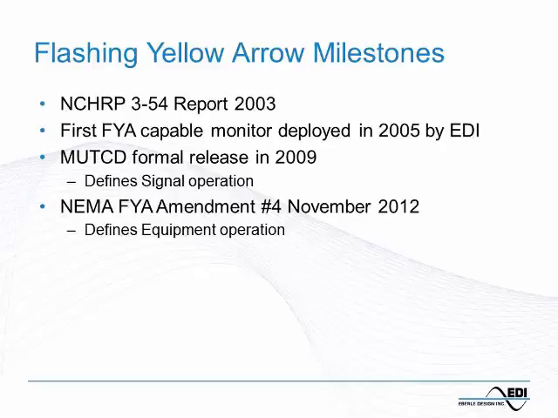Now, I mentioned that this is a great tool for the traffic engineer. For the signal cabinet maintenance technician, it's pretty much of a headbanger. Basically, the premise is we have a 4-section signal head now, and yet all of our equipment is designed around 3 sections, red, yellow, and green.